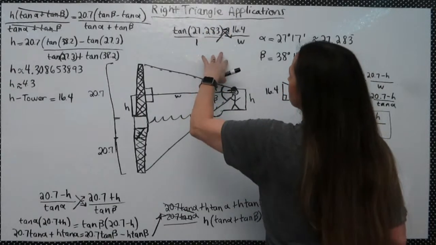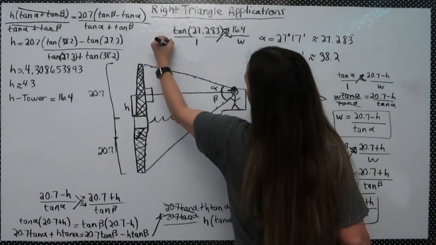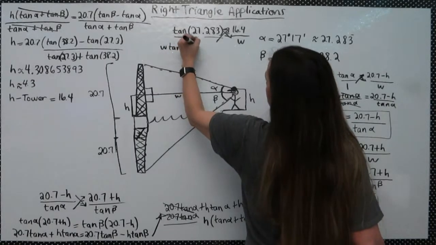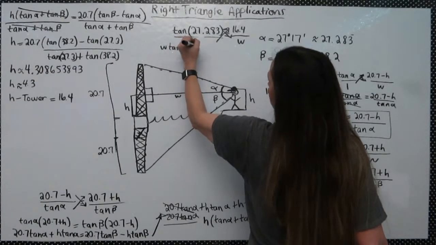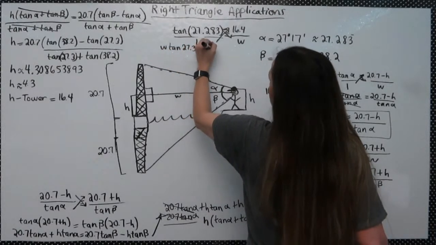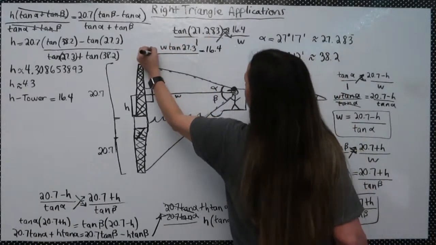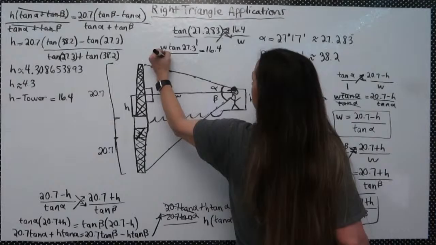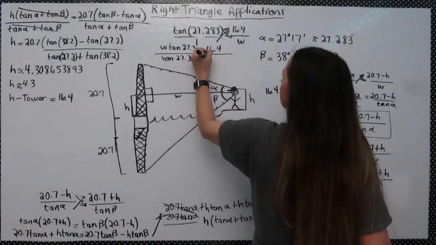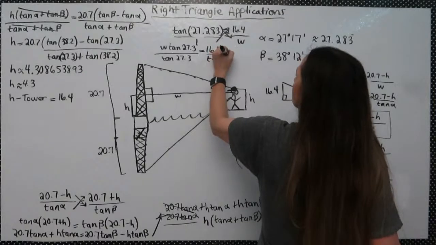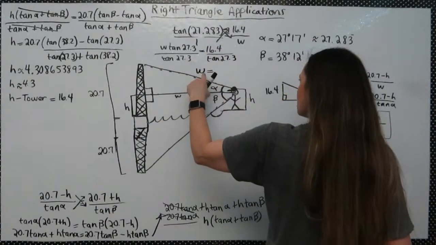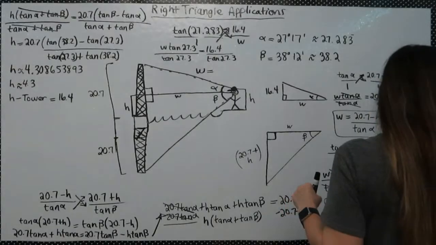And then we'll get W tan 27.3 equals 16.4. And then we're going to divide off the tan 27.3 from both sides. And that's going to give you the length of the water, the width of the actual river.